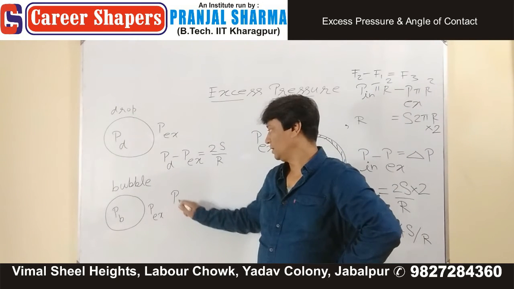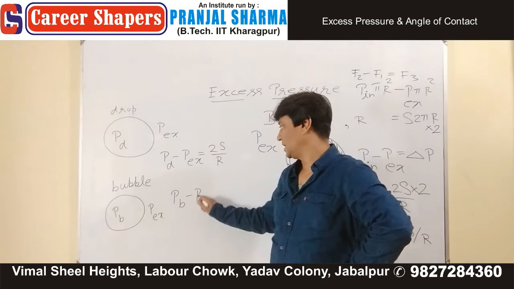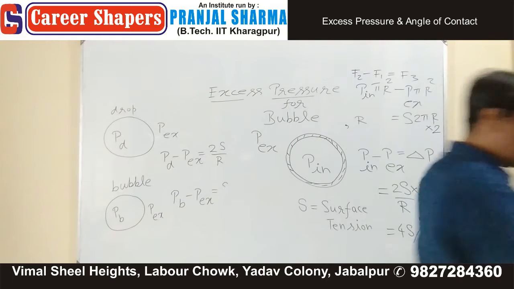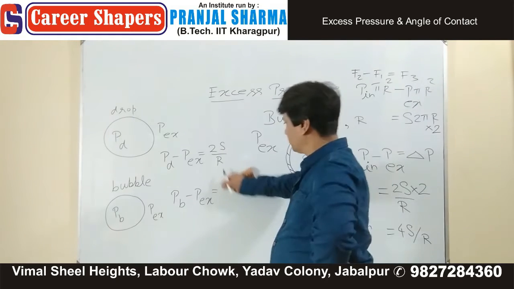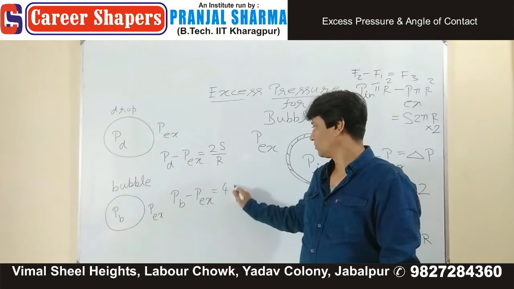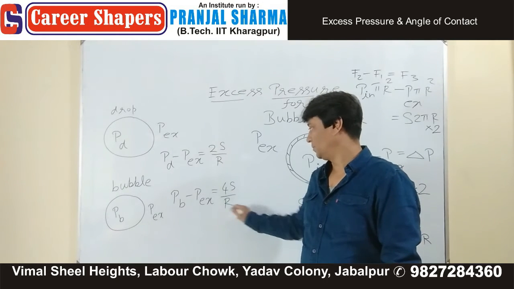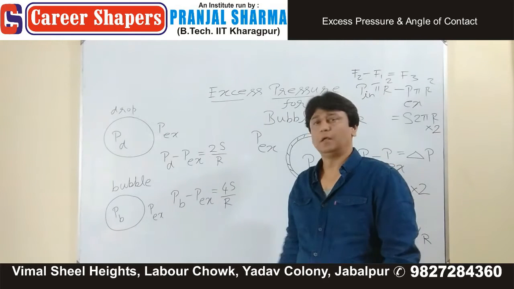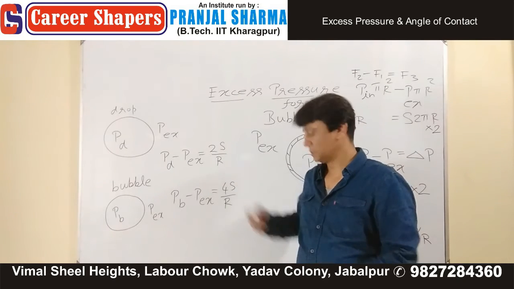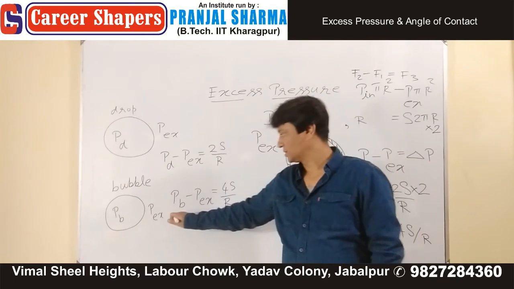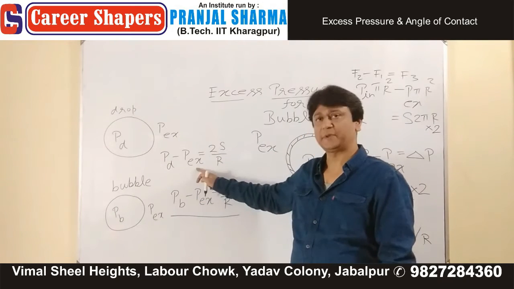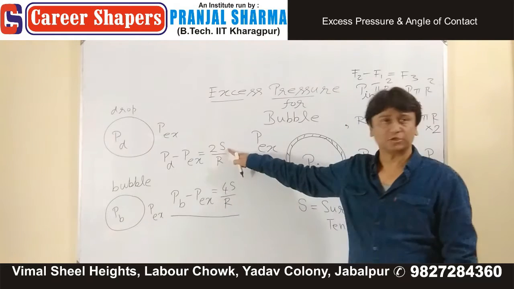What is PB minus P external? 4S upon R. From this, subtract this. So when you subtract, P external cancelled. 4S minus 2S is what?